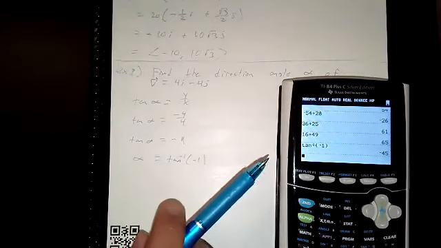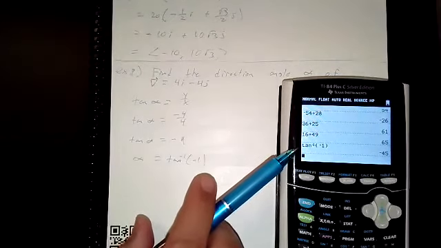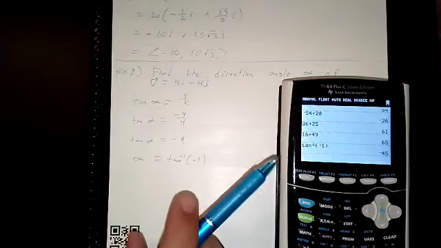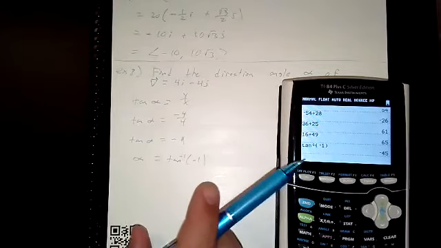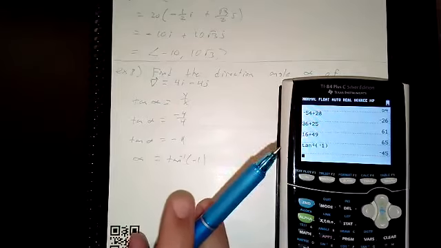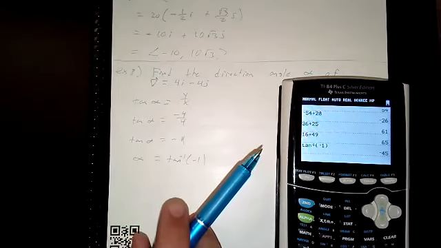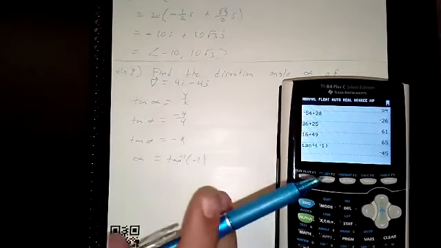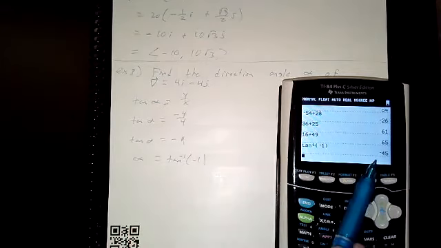Remember, the range of tangent inverse is negative 90 to 90. So to get the one we wanted, we would add 360 to this.